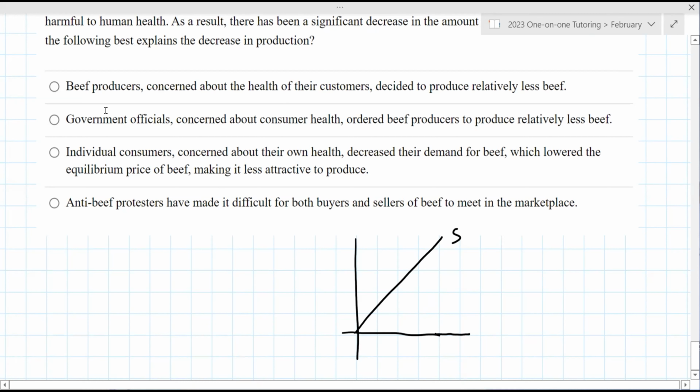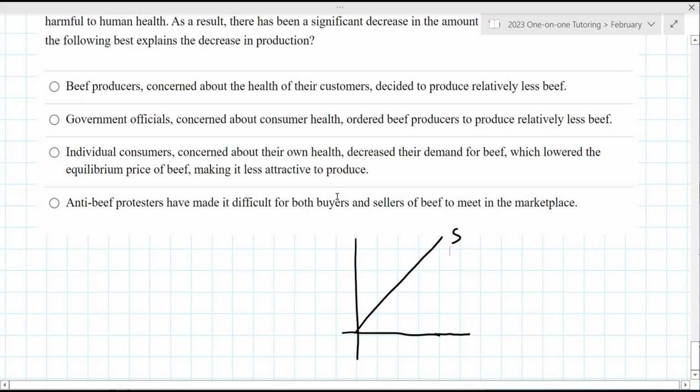The second answer, government officials concerned about the health ordered beef producers to produce relatively less beef. They really can't do that. I don't know how you feel about that, but the government doesn't have that much control over the industry. Aside from shutdowns and things like that, that's not going to work.